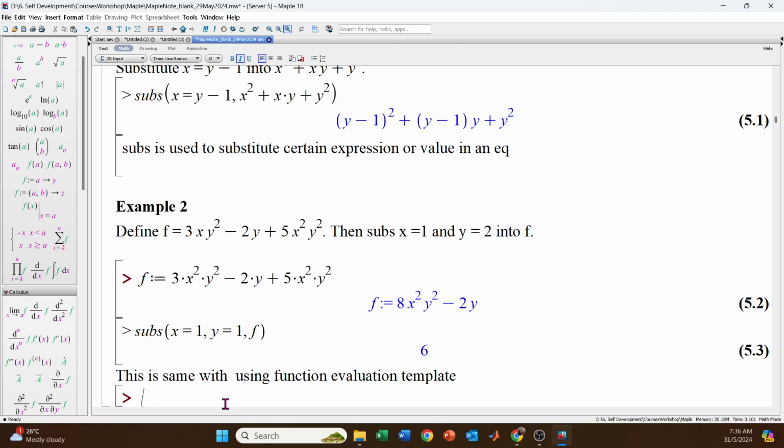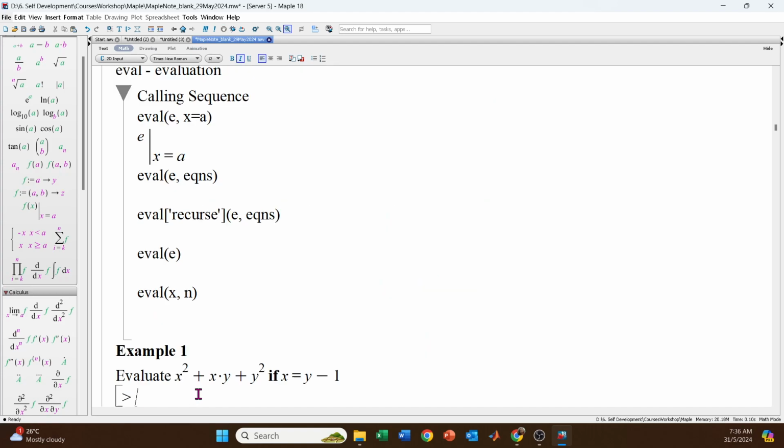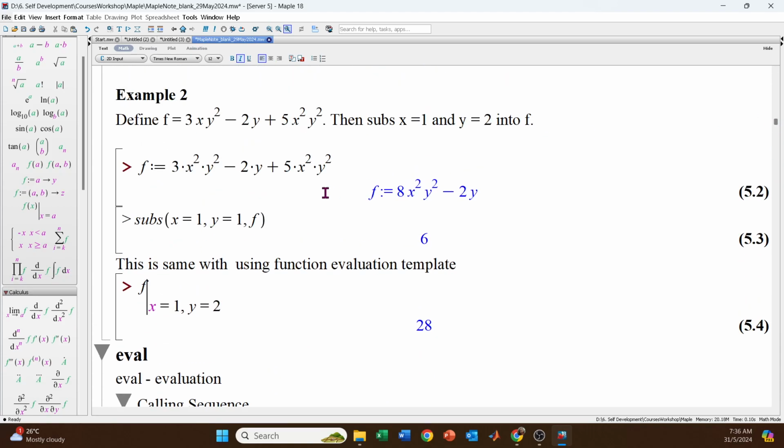Or you can use this template, then I call this f. Since you already defined f, then substitute x is 1, y is 2.